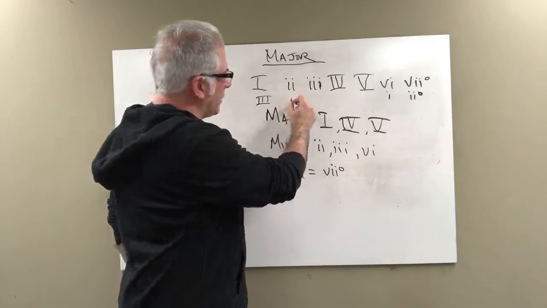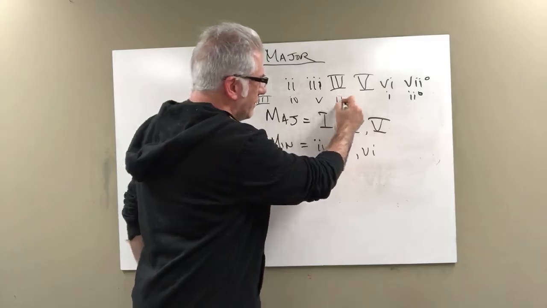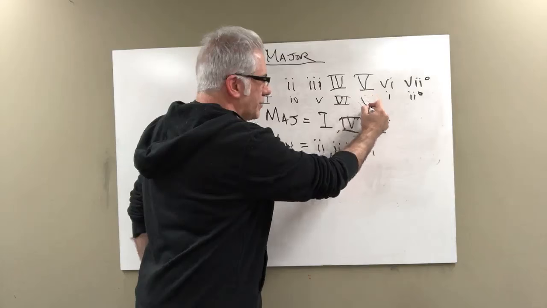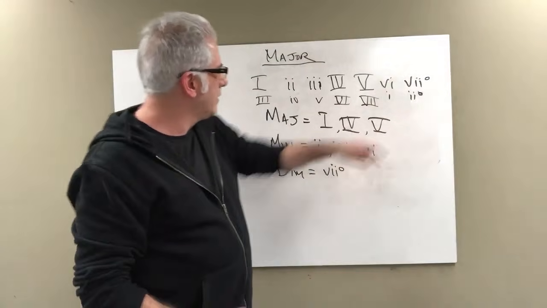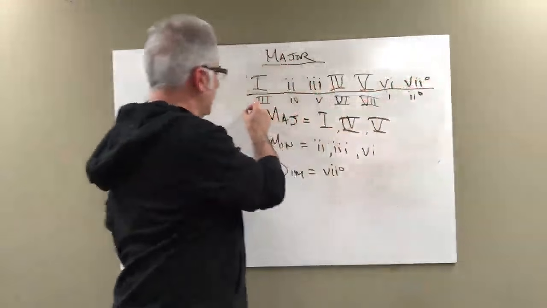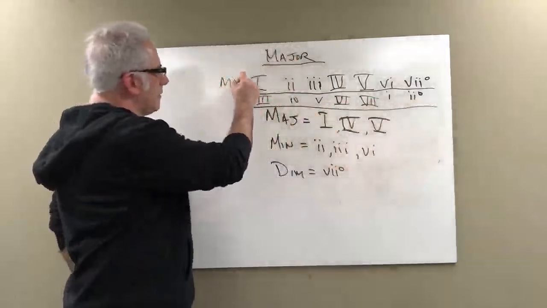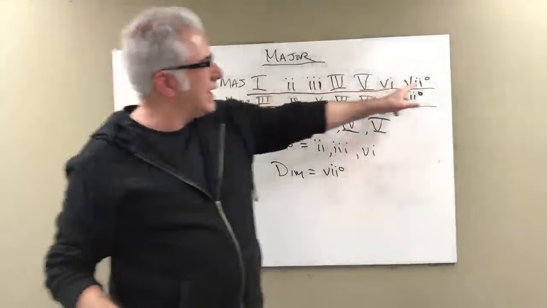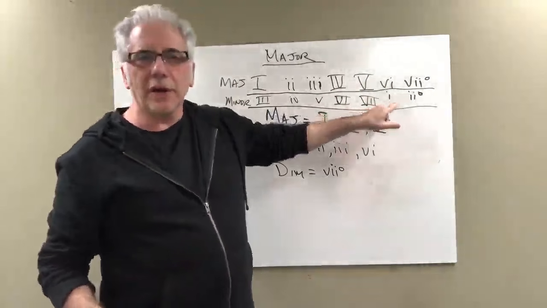Minor 4, minor 5, major 6, and this would be a major with this 7. So this is your relative minor key. You've got major keys and relative minor keys. Once you have the major key memorized, the minor key just starts over right here.